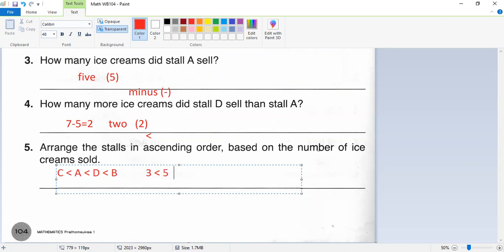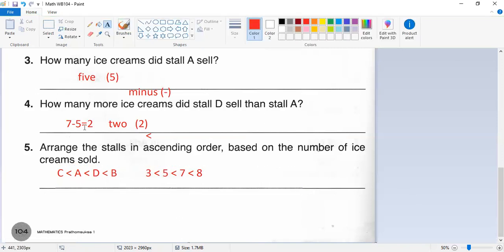And 5 is smaller than stall D. D is 7. 7 is smaller than 8. Okay, so that is our ascending order. Smallest up to biggest.